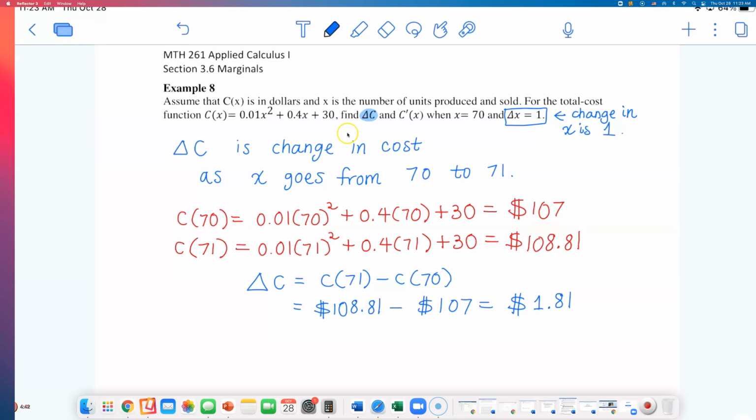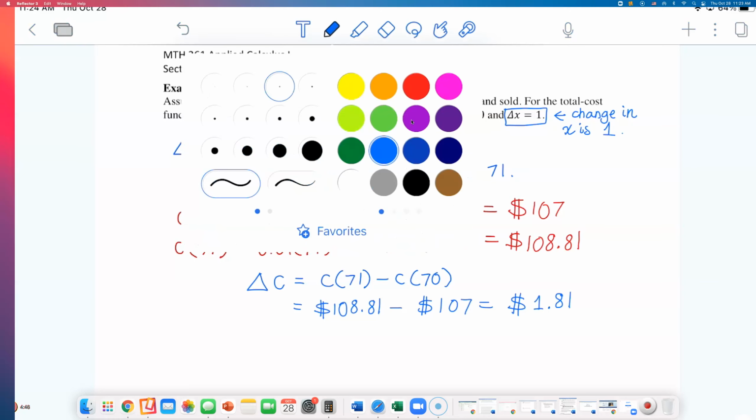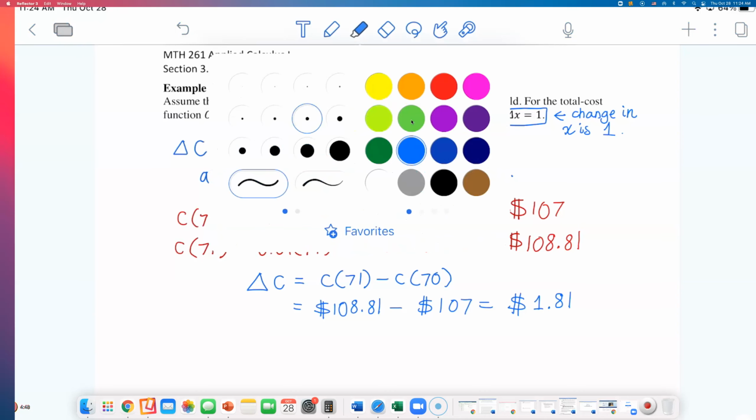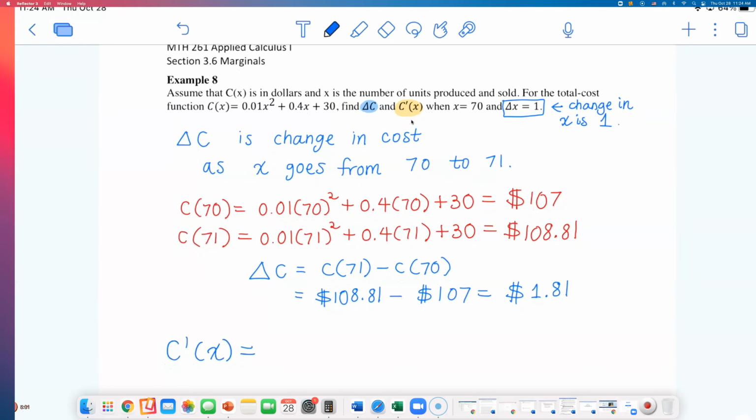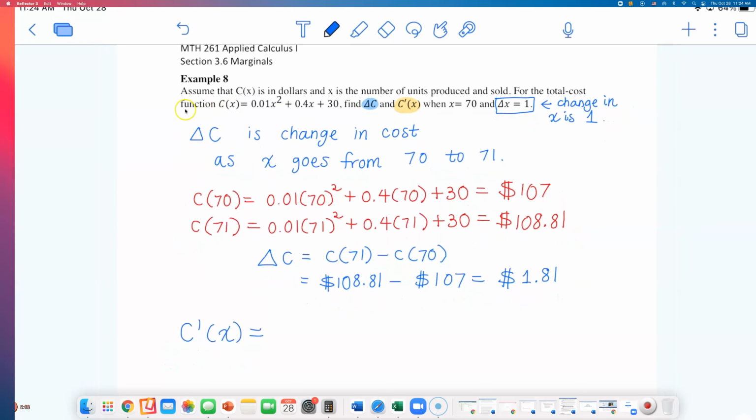They now want us to find C prime of x. Okay, so that sounds like a different type of problem. So let me highlight this in orange and I'll do the work down there. Okay, what is C prime of x? Well, to find C prime of x, the marginal cost function, I will need to take the derivative of C of x, right?